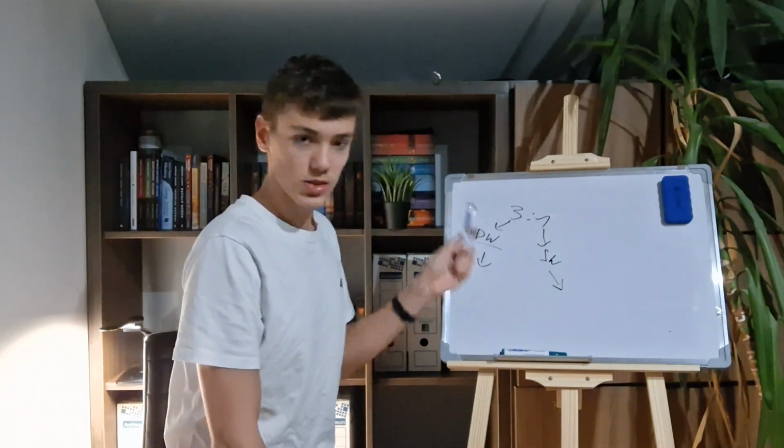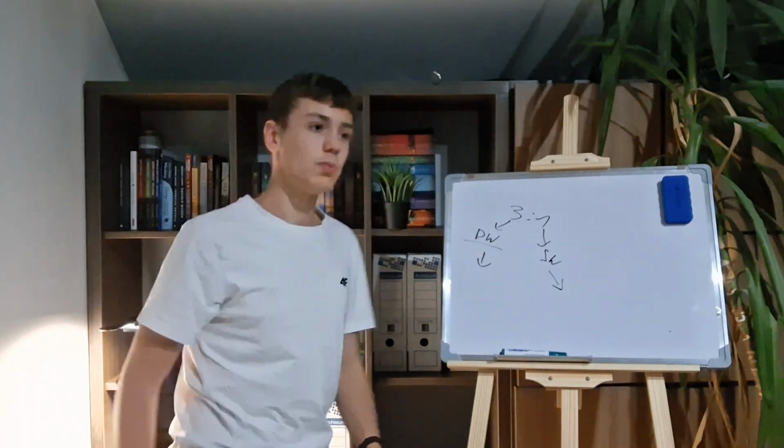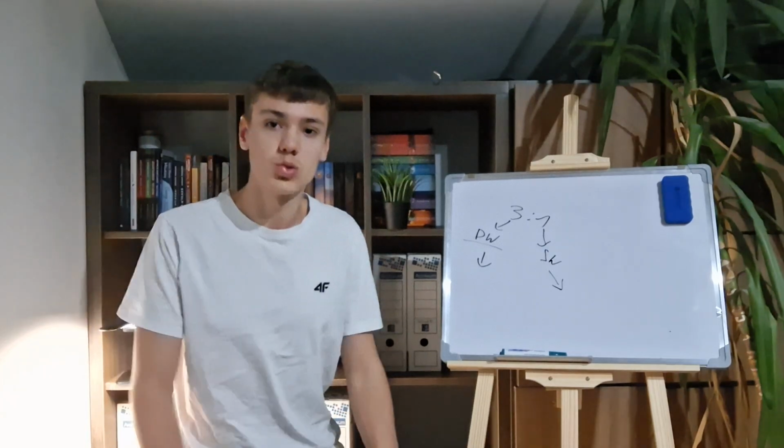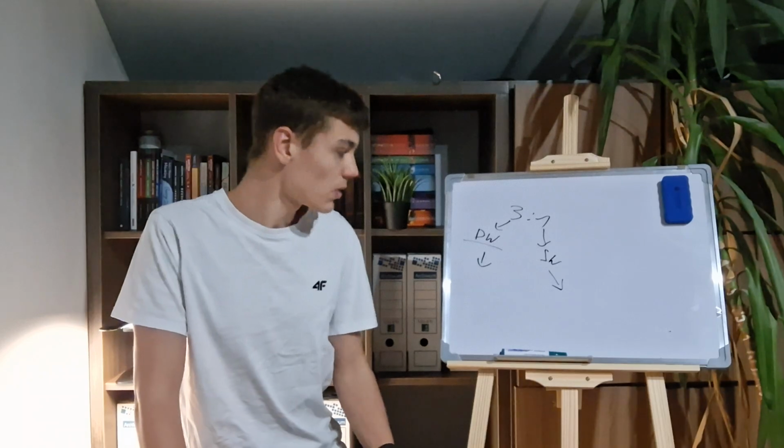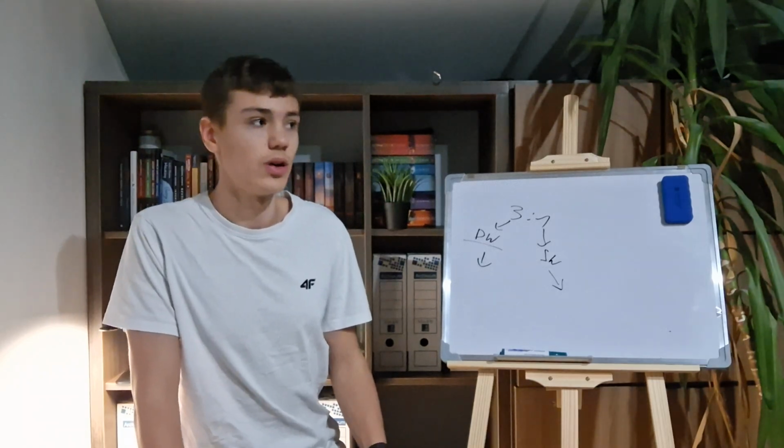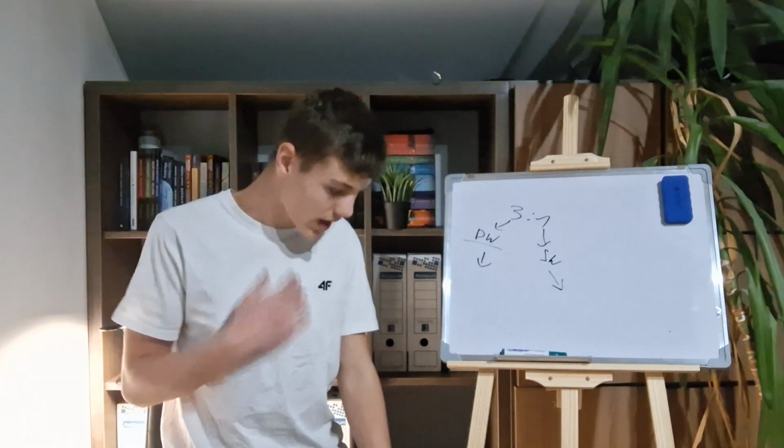Both types of work are important, right? Deep work is when you're writing scripts, really focused on one thing, and shallow work is like replying to DMs and stuff like that.